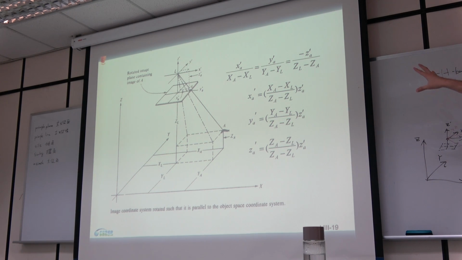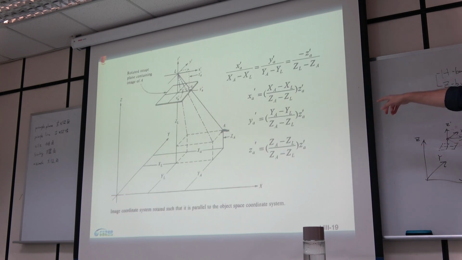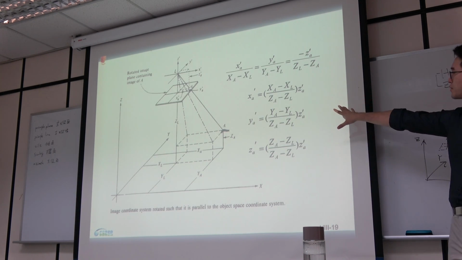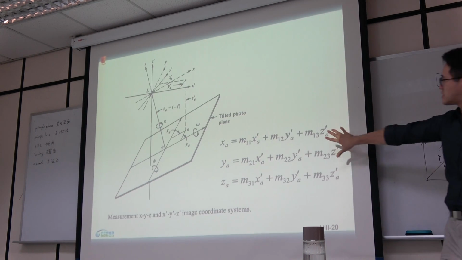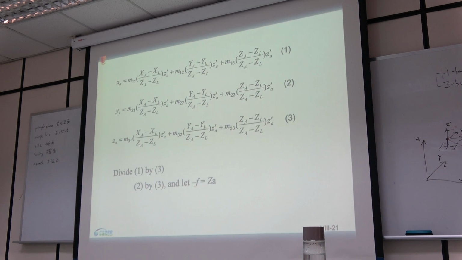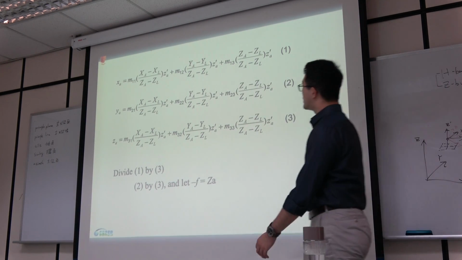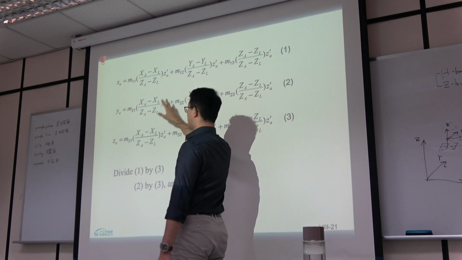So why don't we replace everything over here with what we have over here? We will just put these into this equation, so what we can have is this one. As you can see, the x plot, y plot, z plot have been replaced.